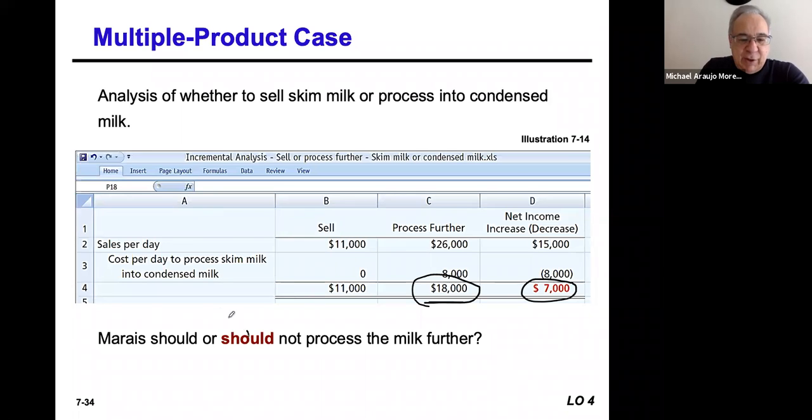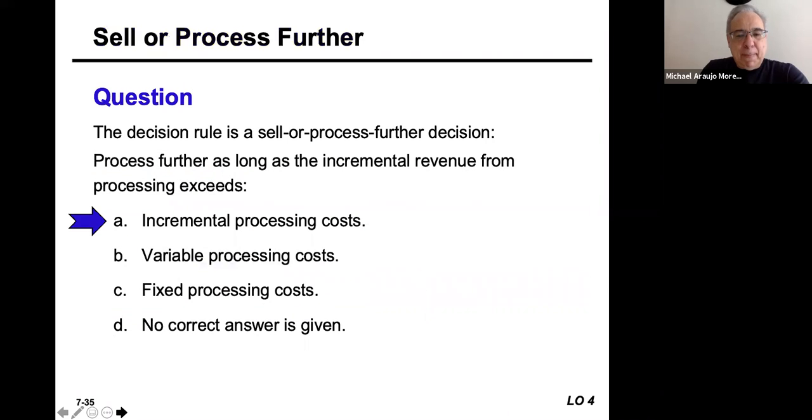Okay. And I think this should be red, and that should not be red. It's a lot of shoulds. Okay. So the big decision rule is any incremental processing costs that the company is going to take on. Okay. So I hope that came across.